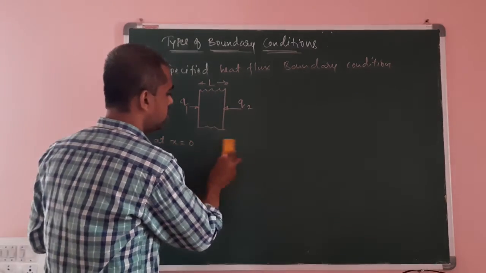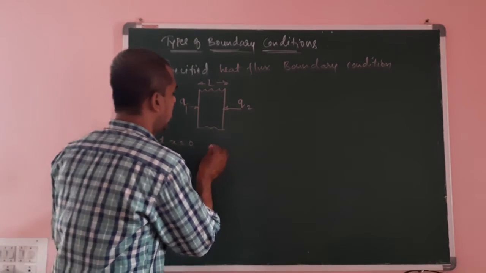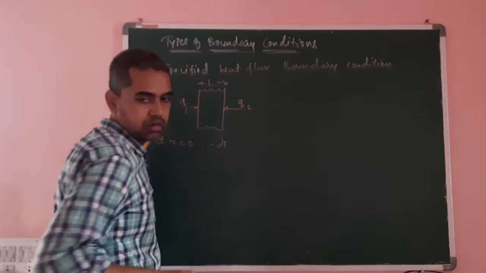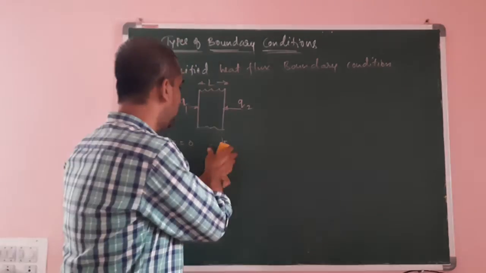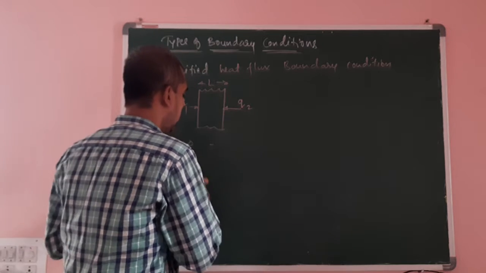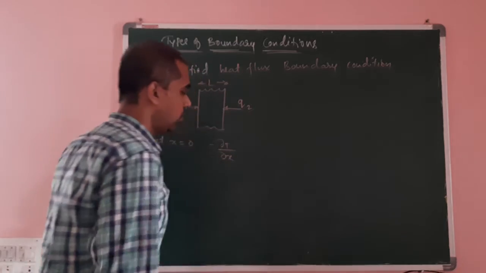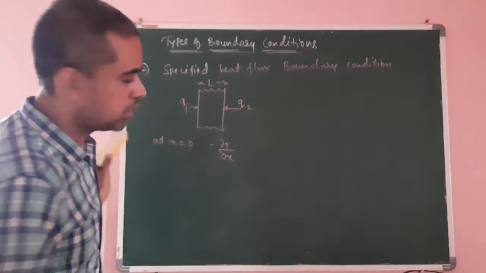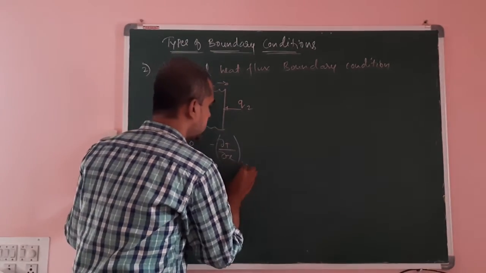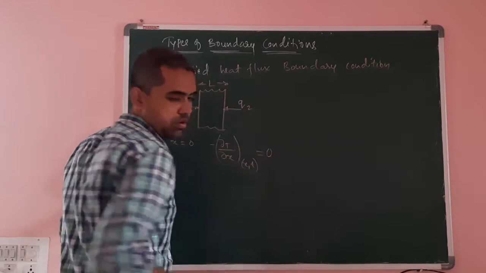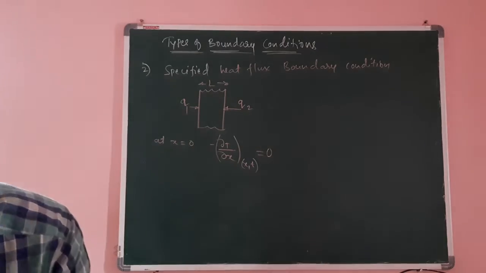At x equal to 0, instead of writing Q, I will write minus K dou T by dou x at x equal to 0 and t, and that is equal to Q1.